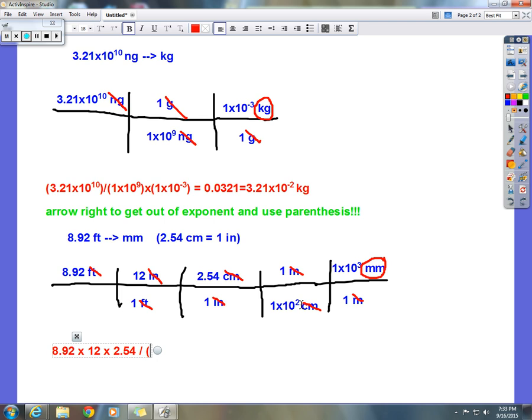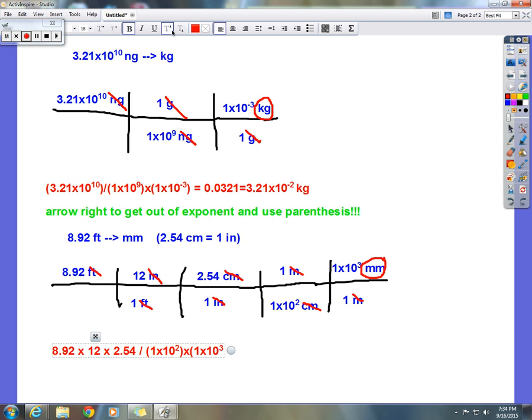I'm going to do parentheses, divided by parentheses 1, and then I'm going to hit that times 10 to the n button, and in the flashing square I'm going to type 2, arrow right, to get out of that superscript, parentheses, and then times, open parentheses, 1 times 10 to the n, and in the flashing square I'm going to put a 3.